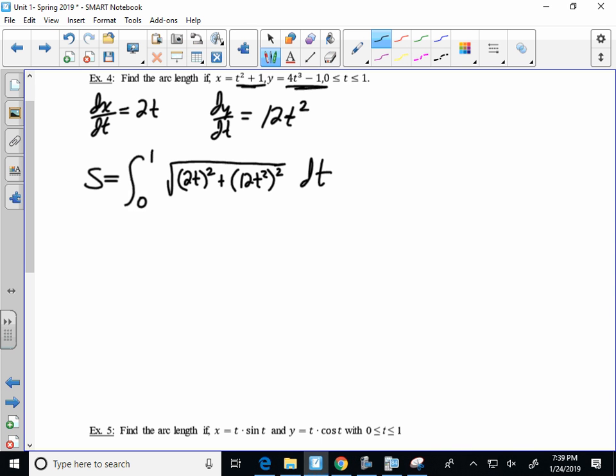All right, because it's dx/dt squared plus dy/dt squared. Four t squared plus 144 t to the 4th, dt.